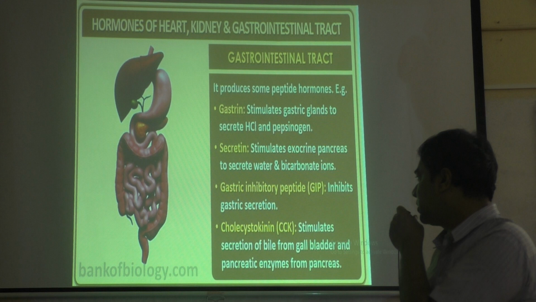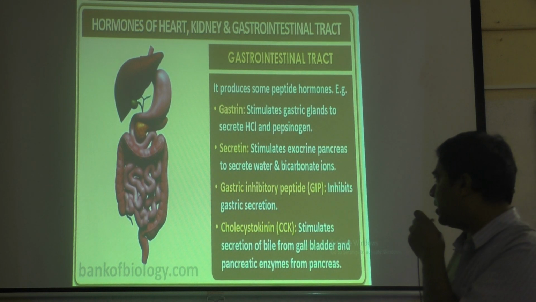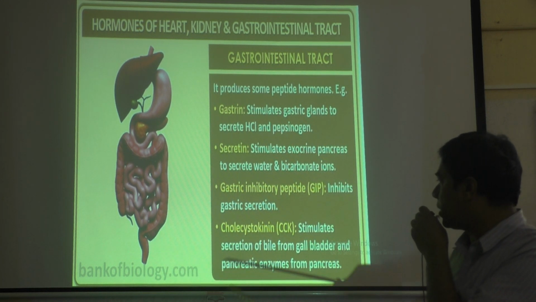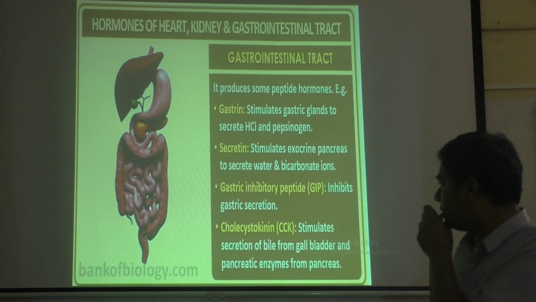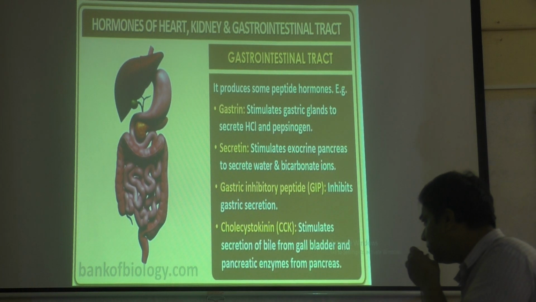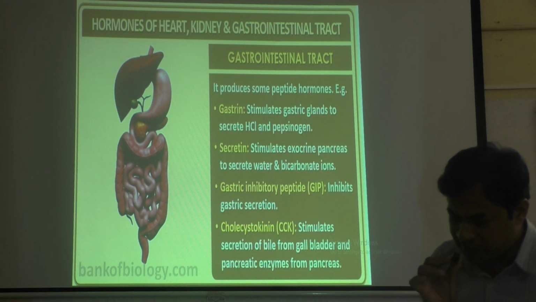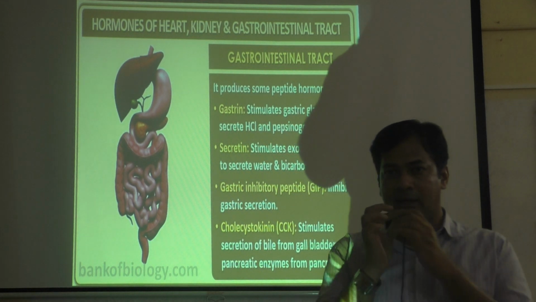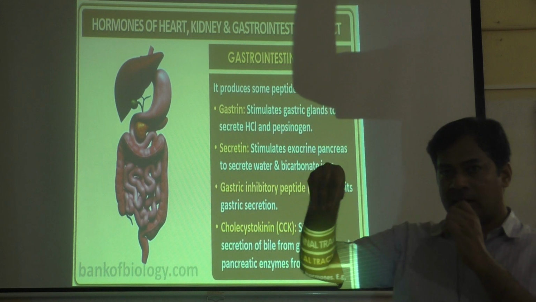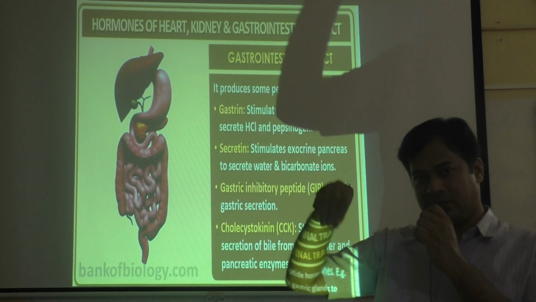Then cholecystokinin, also called CCK, stimulates secretion of bile from gallbladder. You know this. To the liver, one part is there called gallbladder, like a pump. Gallbladder stores bile juice and pumps it.